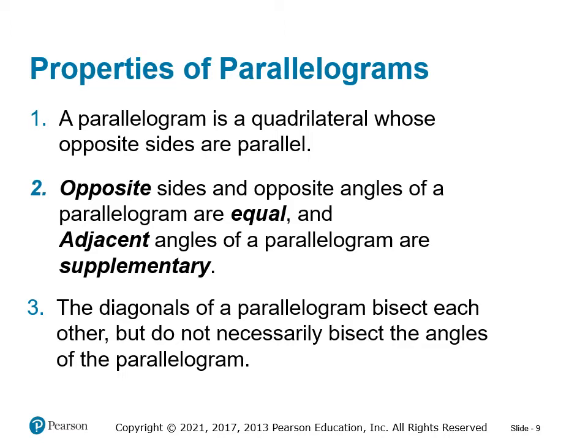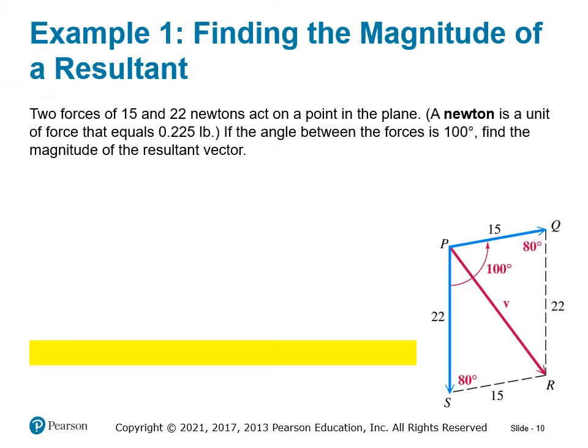So you cannot count on that if you draw a diagonal, that the angle is cut in half. It may be true, it may not. So you cannot use that as a rule to solve triangles or any of the problems. Diagonals do not necessarily bisect the angles. They bisect the diagonals.